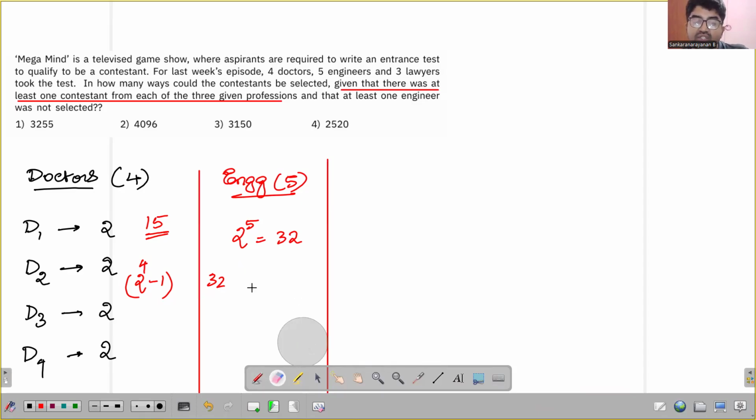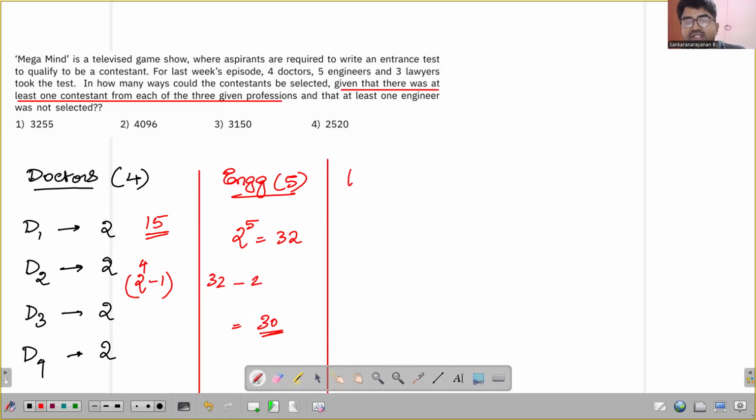Got it? So 32 minus 2, the ways in which you can deal with engineers, is equal to 30. Selecting all the engineers is not possible, and selecting none of the engineers is also not possible. So from 32, exclude 0, 0, 0, 0, 0 and exclude 1, 1, 1, 1, 1. These 2 you have to exclude. So the number of ways you can handle the 5 engineers is equal to 30.